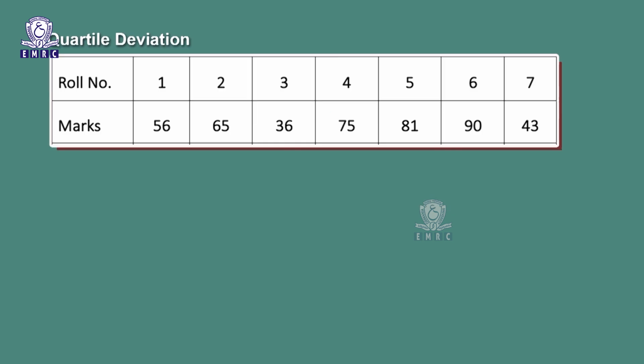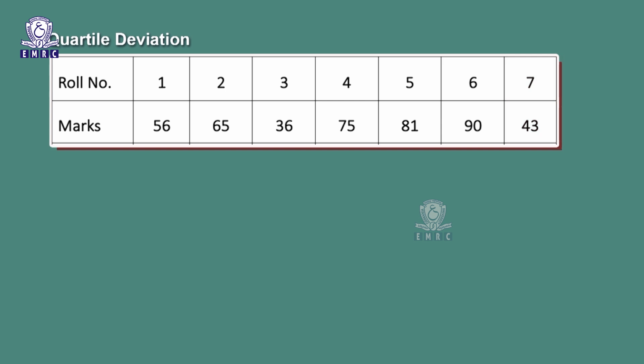Find out the value of quartile deviation for the data. If we see, students have secured marks in sociology: roll number 1 has secured 56, roll number 2 has secured 65, roll number 3 has secured 36 marks, roll number 4 has secured 75, roll number 5 has secured 81, roll number 6 has secured 90, and roll number 7 has secured 43 marks.